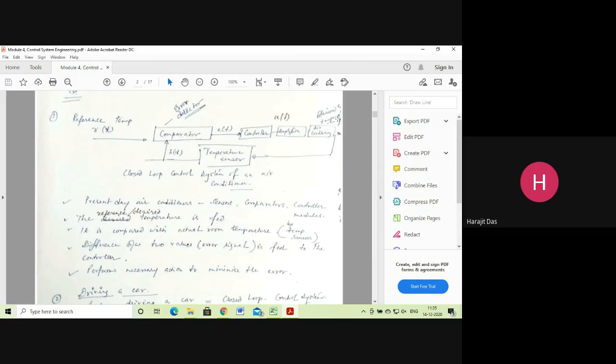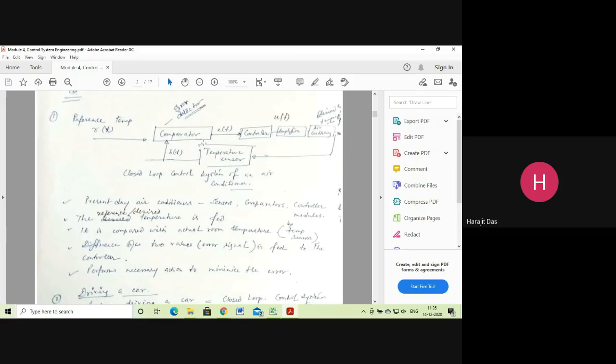Here it is not distinct, so just take a pen and paper and write here that this is the C(t) output, with one arrow mark and one line. So this is the C(t) output signal. The output signal will again be measured by the temperature sensor, so this will be a feedback loop. If your desired temperature is not the exact temperature you have given as the reference temperature, it will again give back to the feedback loop.